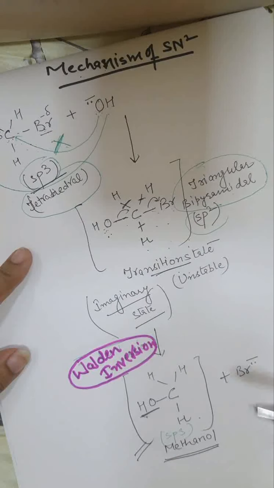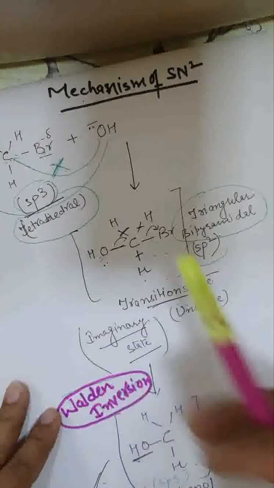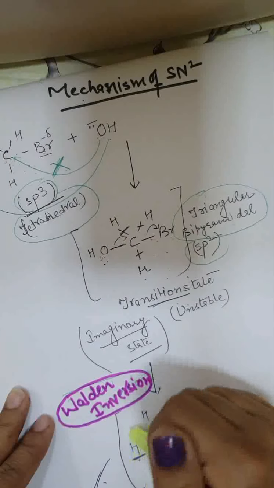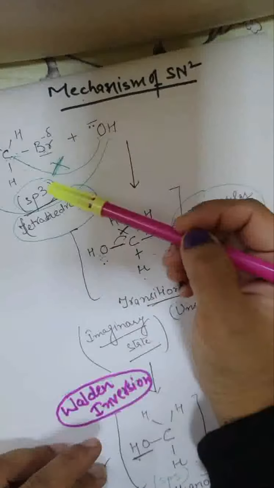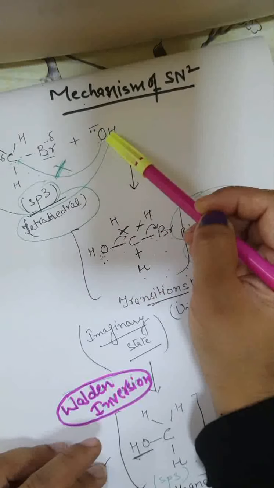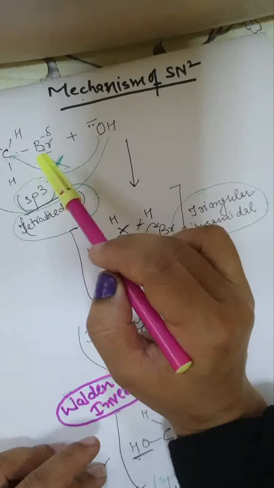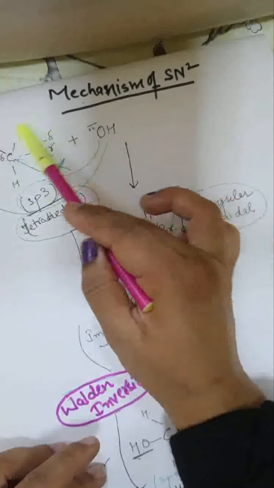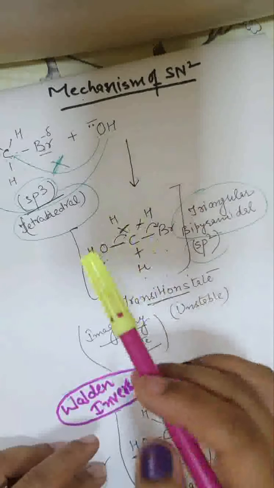It is clear that if the substrate is the D form then the product will be the L form, and vice versa. In the starting I told you this is a second order reaction. Why is this called a second order reaction? Because the rate of the reaction depends on the concentration of both reactants, that is, the concentration of the alkyl halide as well as the concentration of the nucleophile.